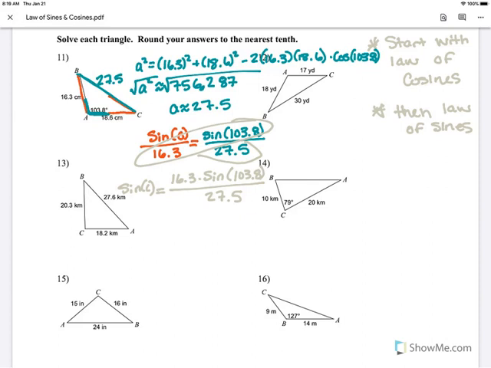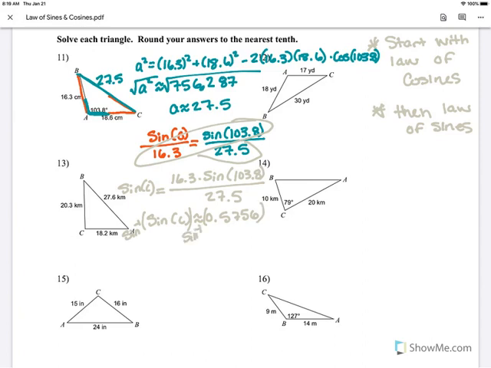Is that what you got, Kellen? Yeah. Okay, so the sine of C is approximately 0.5756. Doesn't really matter how many decimal places you write down because you're going to use the answer button. So do the sine inverse of both sides. We need to get that sine away from there.